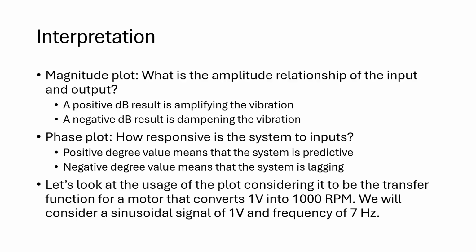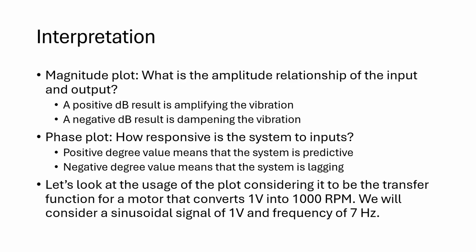And then the phase plot represents how responsive our system is to inputs. So a positive degree value would mean that our system is predictive, which means that it is changing based on the rate of change rather than like a position data point.